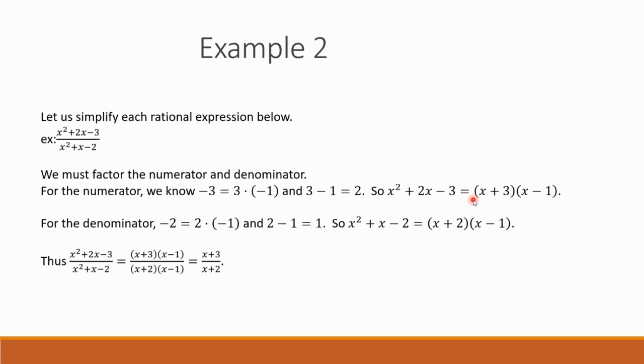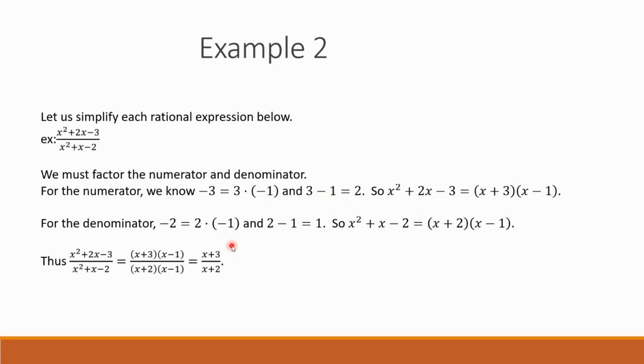Again, the two numbers we want, 3 and negative 1, have product minus 3 and sum 2. 3 plus negative 1 is the same as 3 minus 1. And so we get x plus 3 times x minus 1.